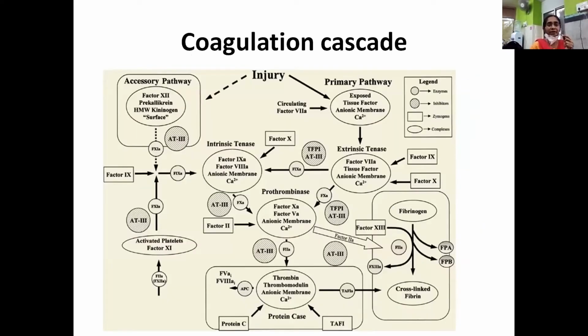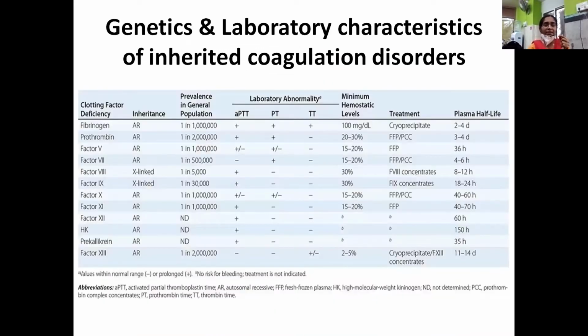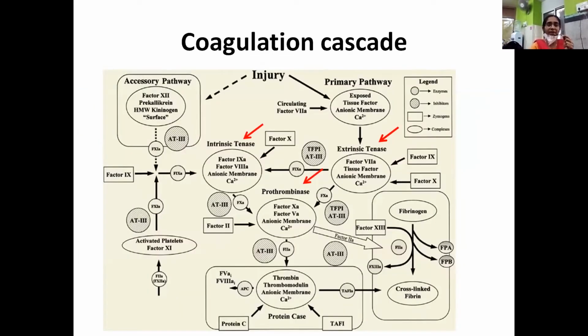In this coagulation cascade, as you know, on the right hand side is the exposed tissue factor along with factor 7, that is the extrinsic tenase complex. And next is the intrinsic tenase complex. In the intrinsic tenase complex, you can see there is factor 9, factor 8, phospholipid, and calcium.